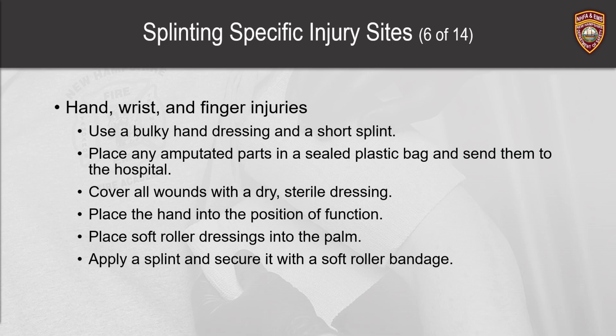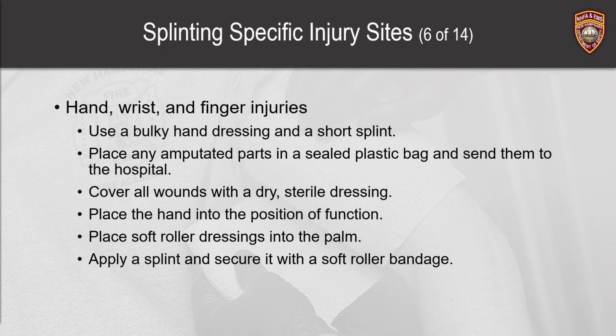A lot of times these patients need to go to what's called occupational therapy, which is therapy for the parts of your body you use for occupations, like hands and feet and fingers and toes. But generally speaking, you can use bulky hand dressings, a short piece of splint, a roll of gauze to immobilize these injuries of the wrist, hand, and fingers.